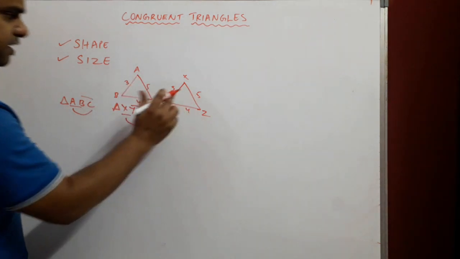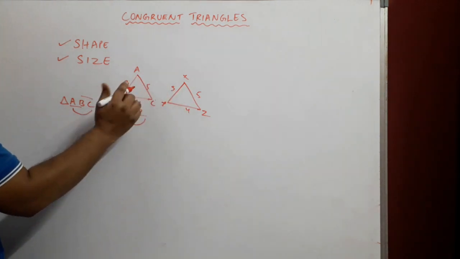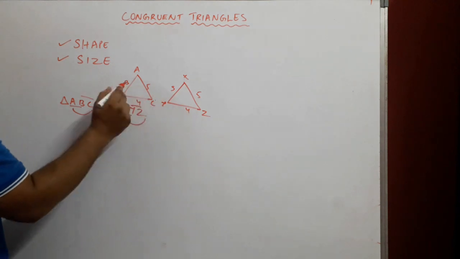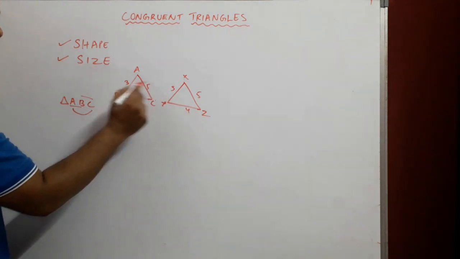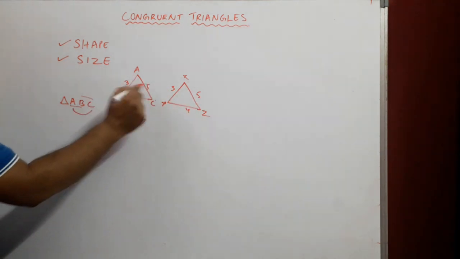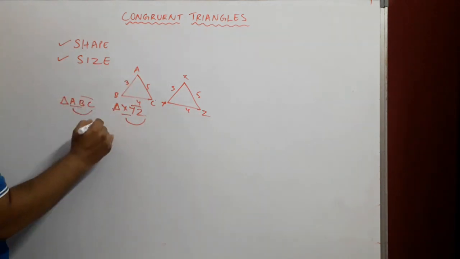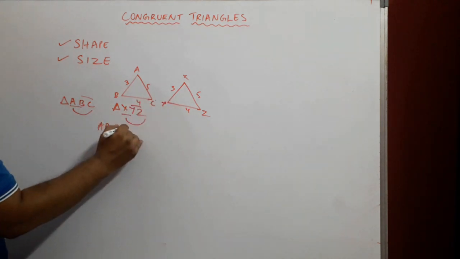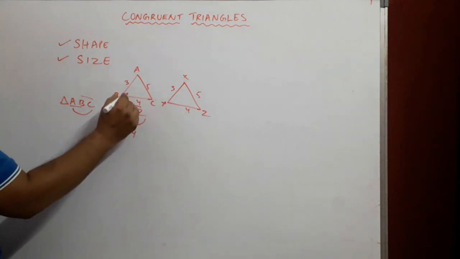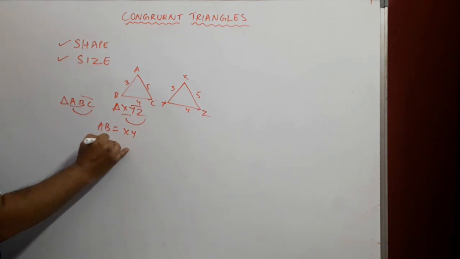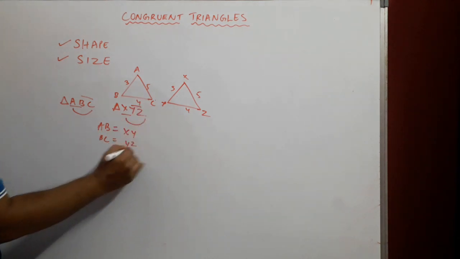In saying that, they are not only of the same shape, but their lengths are equal. The lengths of the corresponding sides of these two triangles are equal. So AB will be equal to XY and BC will be equal to YZ.